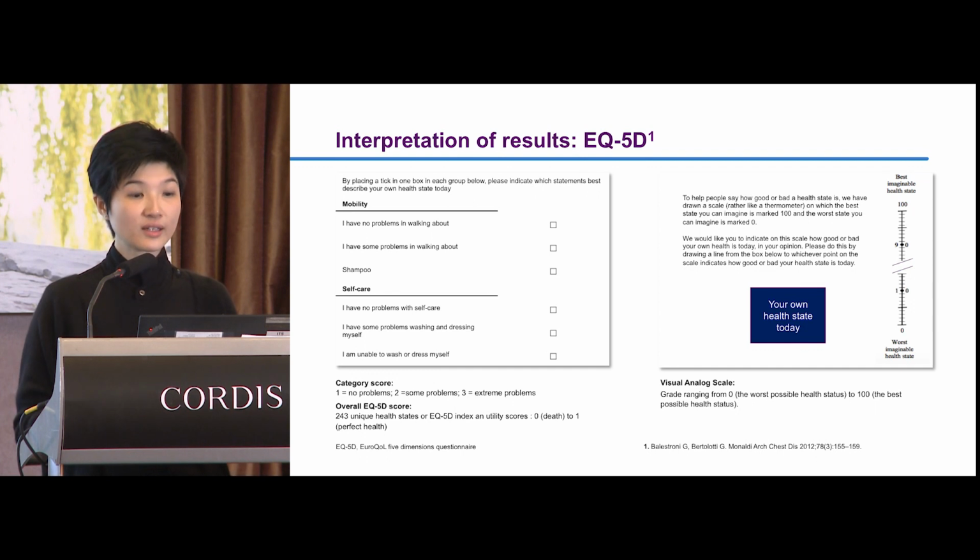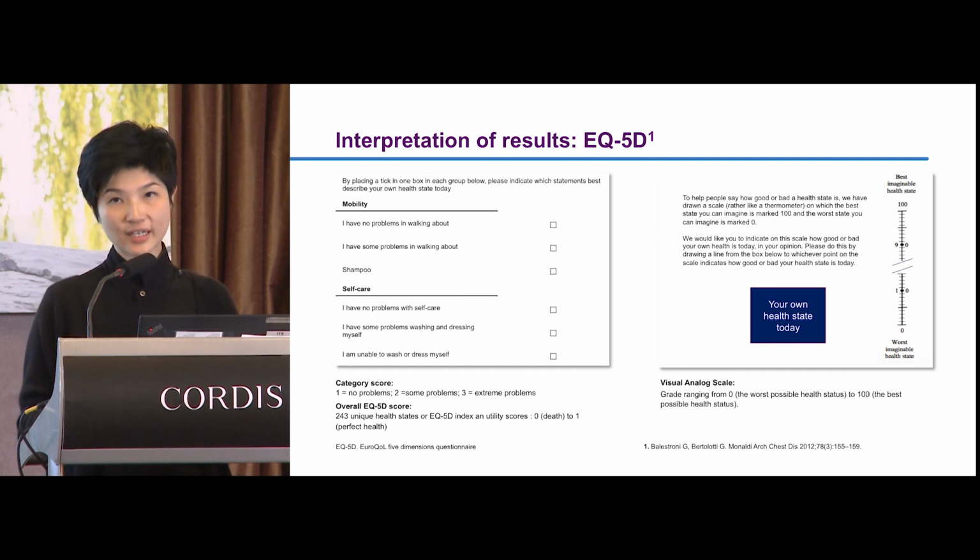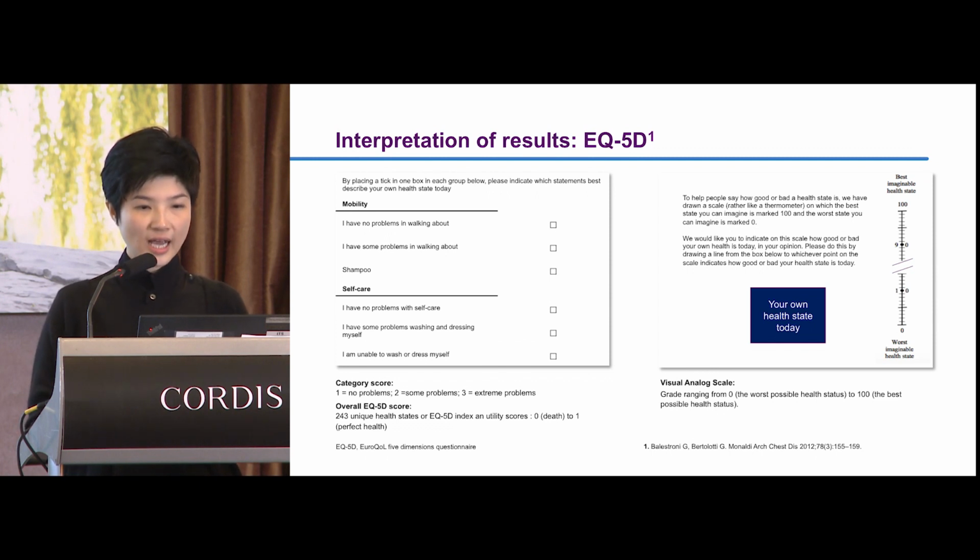In the second part of the instrument, the patient needs to score on a visual analog scale, on this vertical line, to indicate their perceived health status. The range is from 0 to 100, where 0 represents the worst imaginable health status and 100 the best imaginable health status.